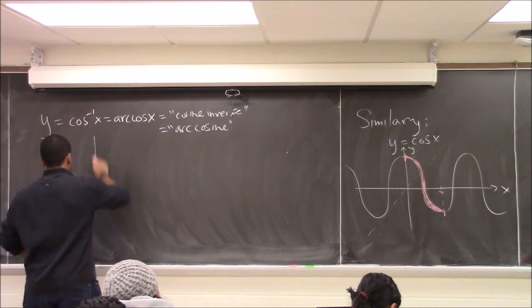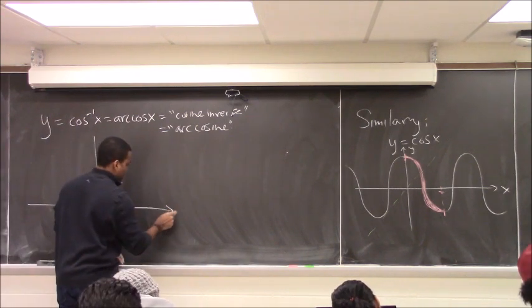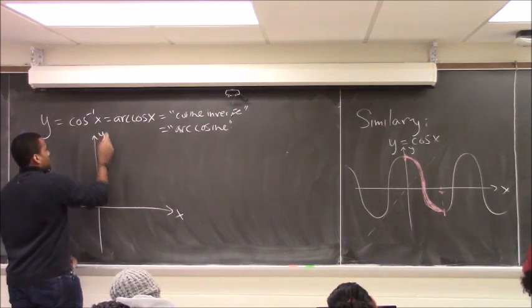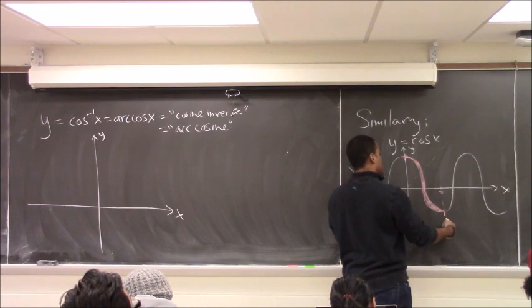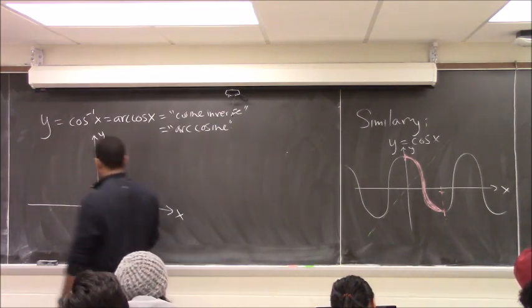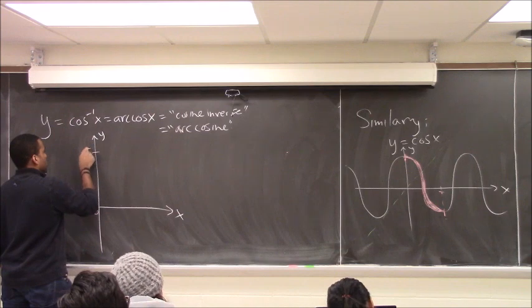And this graph is going to look like the following. So notice that on the x-axis you go from 0 to pi, so it means that on the y-axis you're going to go from 0 to pi.